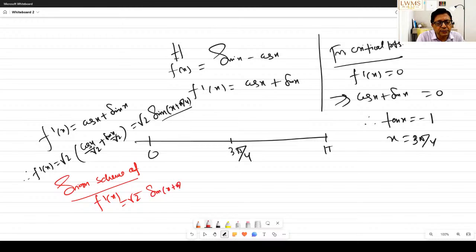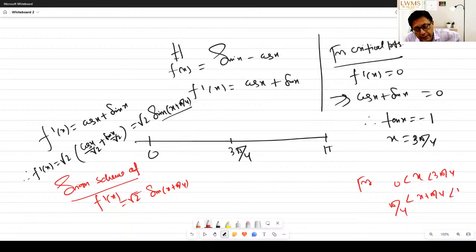How do you decide the sign quickly? You can plot or you don't plot. You take this interval first. For x greater than 0 and less than 3 pi by 4, x plus pi by 4 is greater than pi by 4 and less than pi.